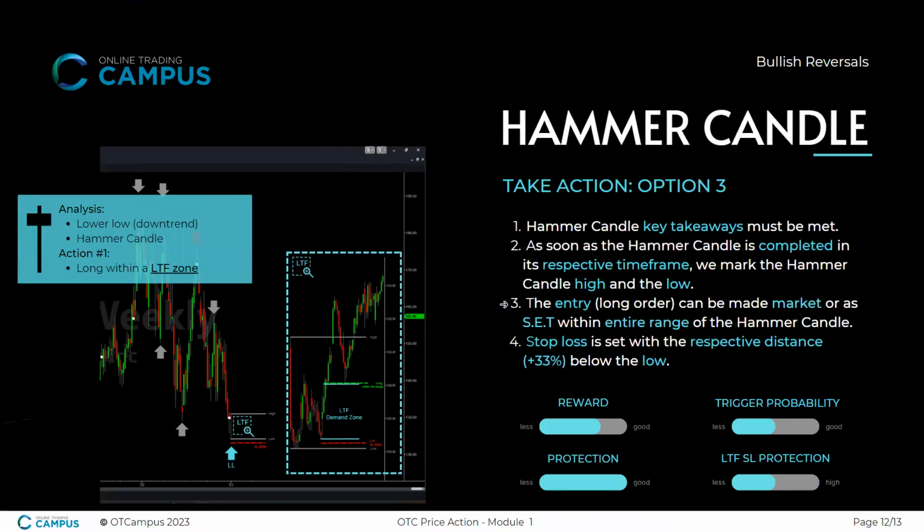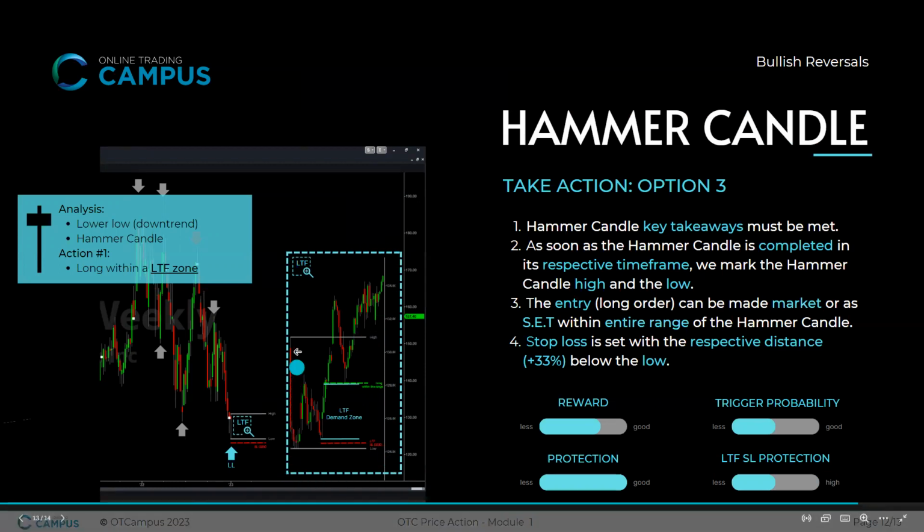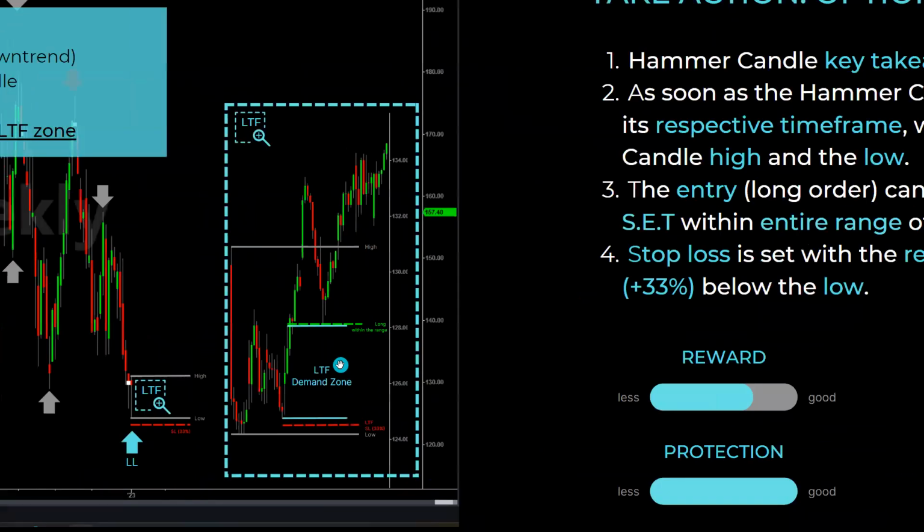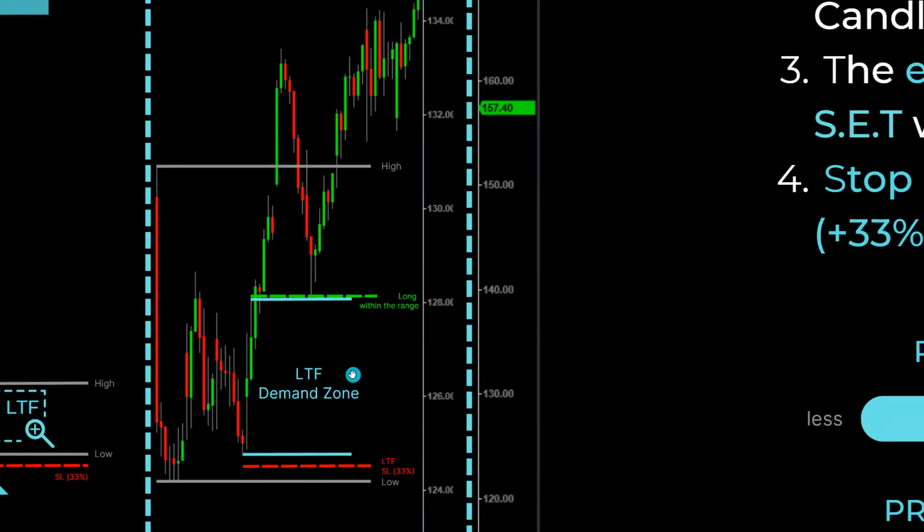Okay, let's go to number 3. The entry, long order, can be made at market or as a set order within the entire range of the hammer candle in the lower time frame. Okay, that means let's go into the lower time frame. Look at this here, right? This is a lower time frame, and you see the blue line.